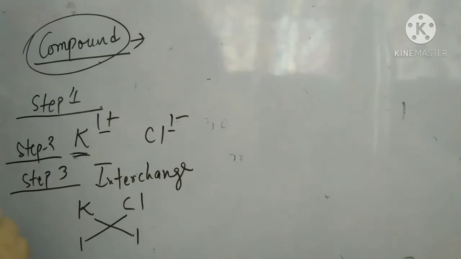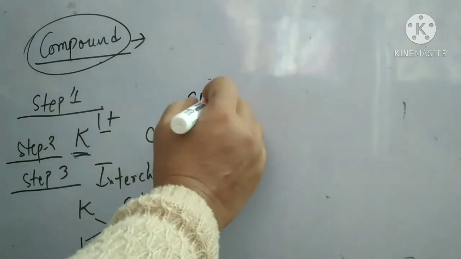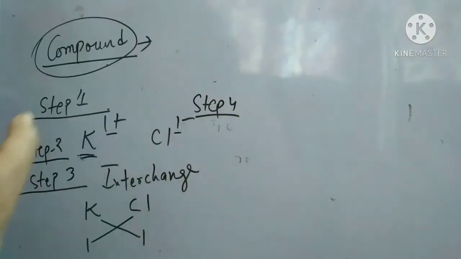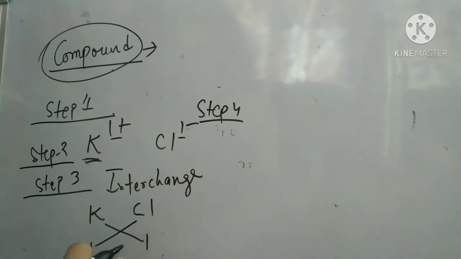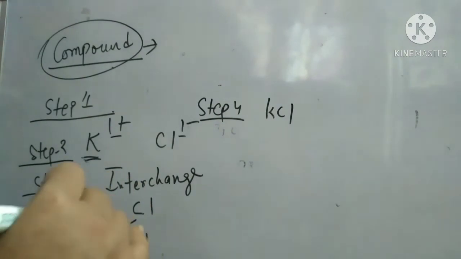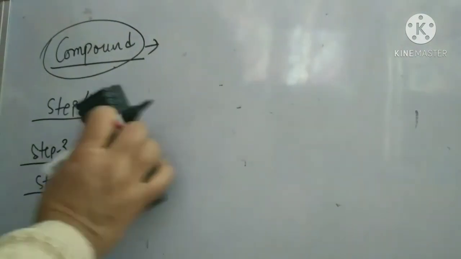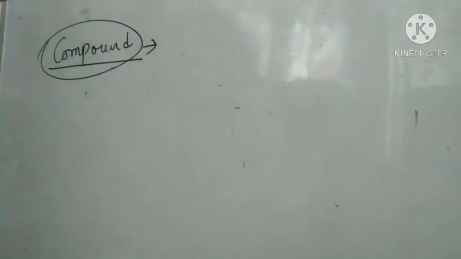Now in the step 4, write down the formula of the compound. Now see, we can write down the formula of the compound. It is KCl. So now there are certain rules in naming chemical compounds.